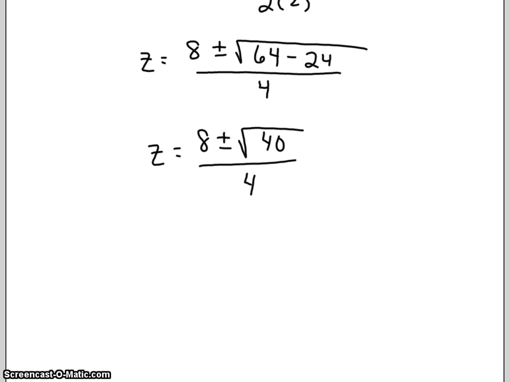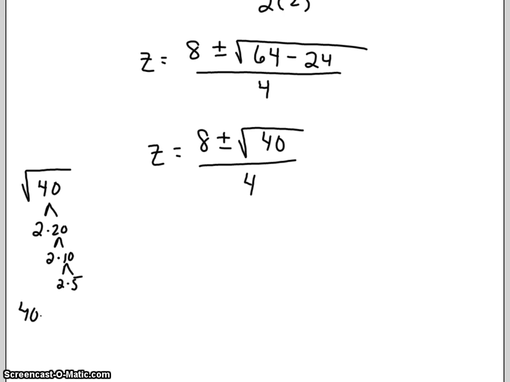This can be typed in the calculator, and you can get the approximate answers here. However, this is not simplified radical form. See that square root of 40? Just the square root of 40 can be simplified. One way to do this is we can do a factor tree. You want to find the greatest perfect square factor.